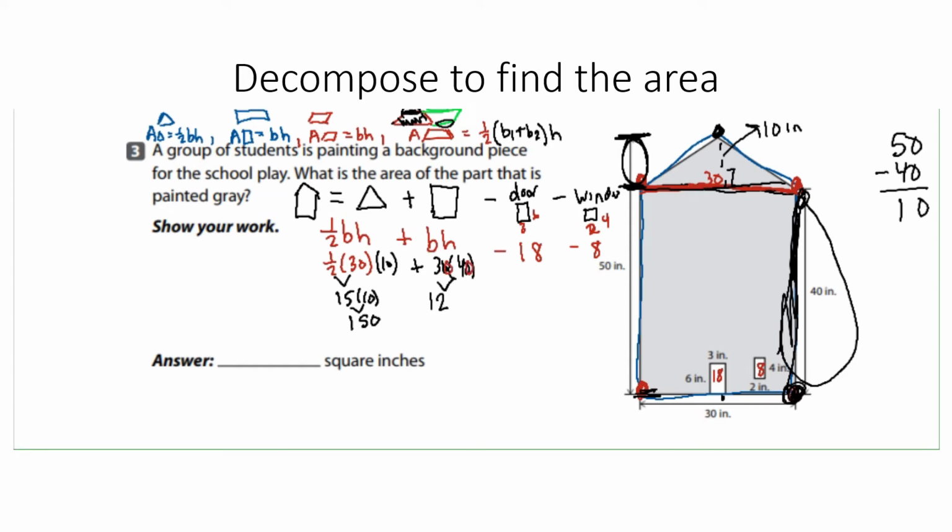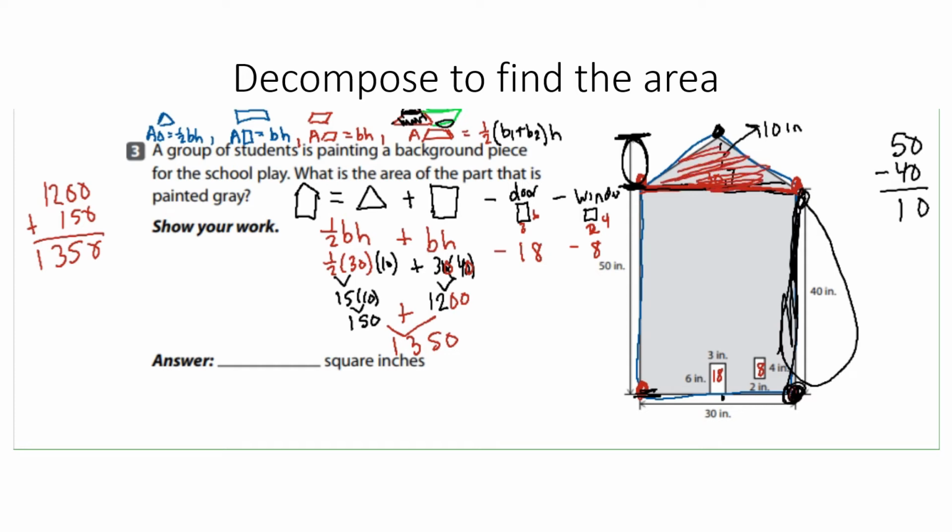All right. And then I need to add these two numbers together, so I align my place values. So I have 1200 plus 150. That'll give me 1,350. But that gave me the square units of the triangle, so that's here.